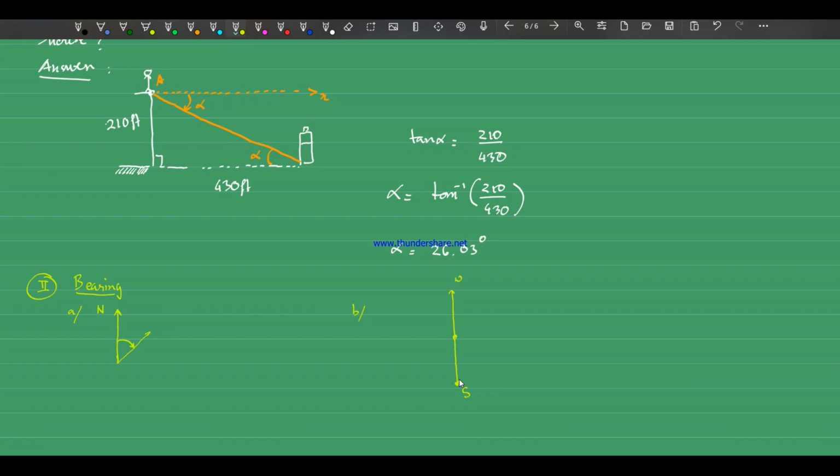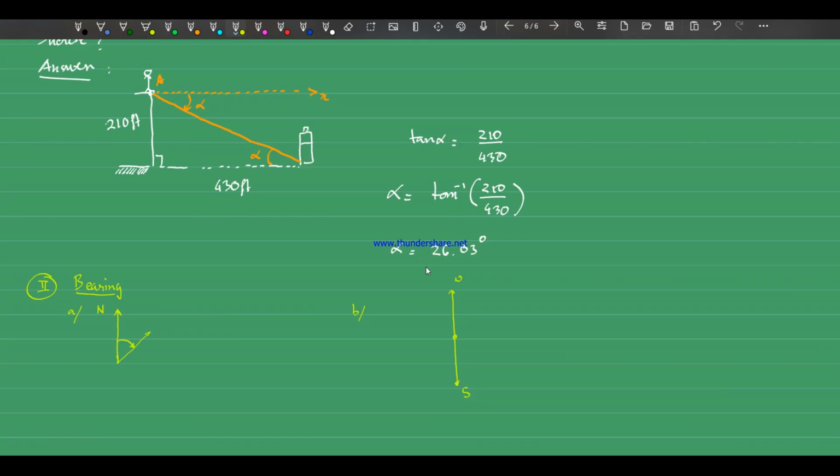It could be with respect to the north or the south, and it goes either west or east, but north or south is your reference line.